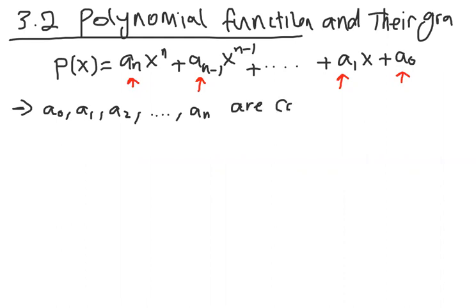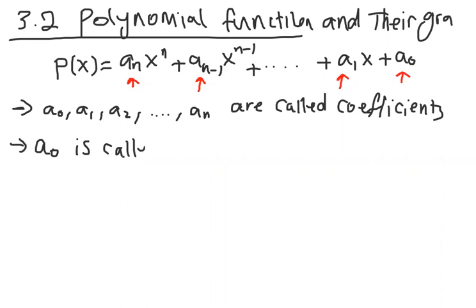Second, the coefficient A0 is called the constant coefficient, or the constant term.